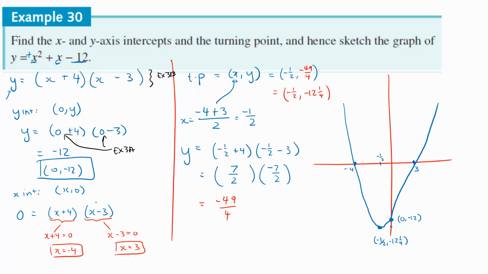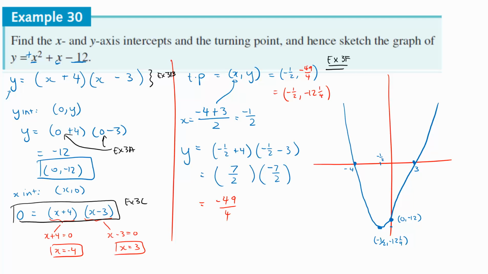The next one, x-intercept, this is null factor law because you're letting it equal to 0, so exercise 3c. Turning point, this is exercise 3f really, because you know it's the middle. So that's 3f, finding the middle, average, sub in to find the y value.